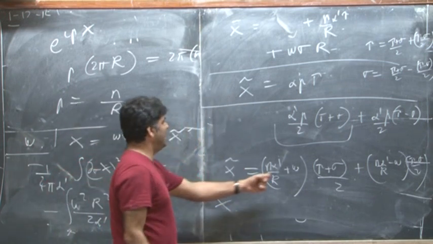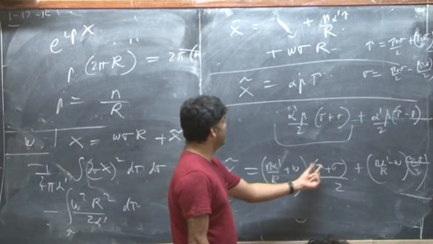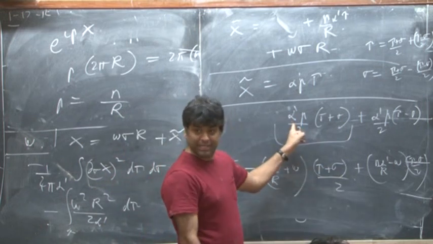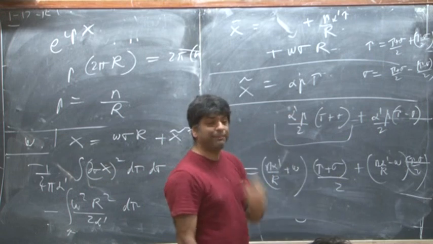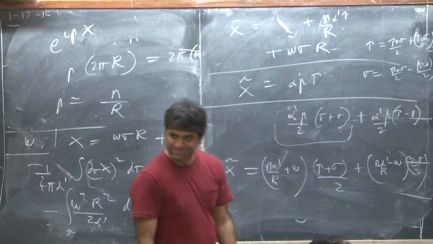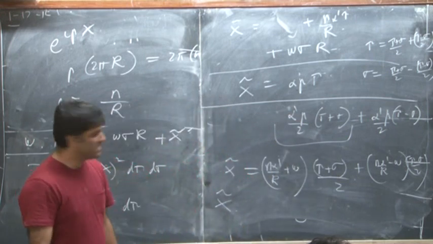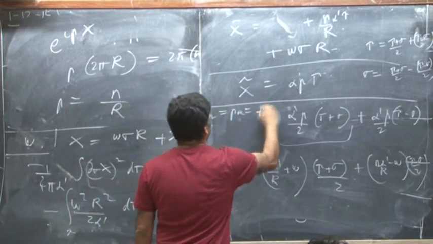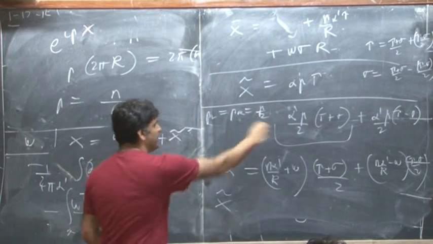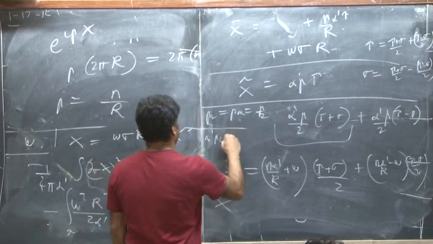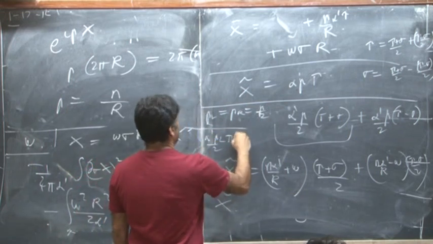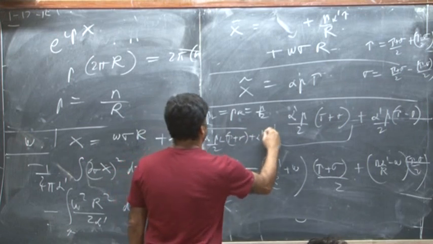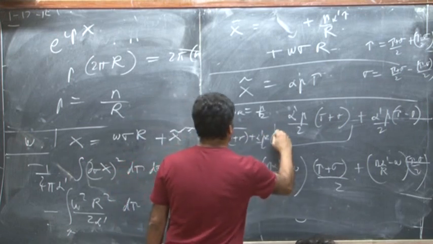It's traditional to write the coefficient of (tau plus sigma)/2 as alpha prime p left. Previously we had p left equal to p right equal to p by 2. Then you can write the mode expansion as alpha prime p left by 2 (tau plus sigma) plus alpha prime p right by 2 (tau minus sigma).